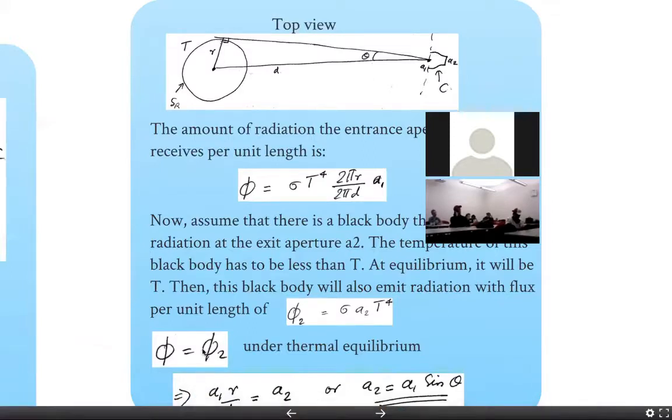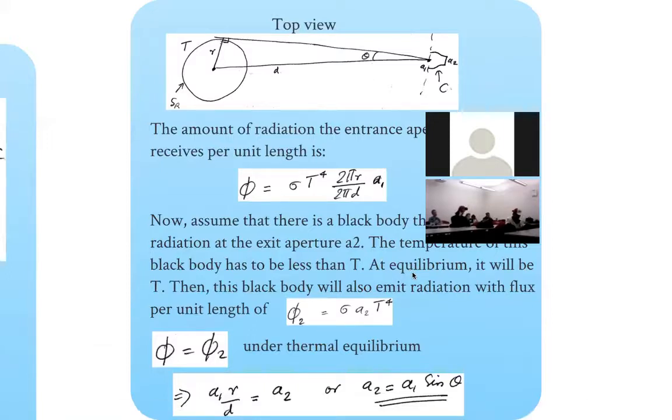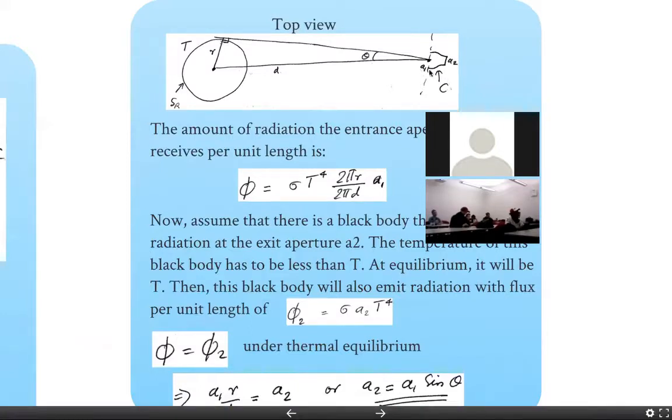Now, if you simply apply this equation, which means you take this and put it equal to this, you get a very interesting expression. You get A2 divided by A1, which is 1 over the concentration, is simply given by R over D, which if D is large enough, is the same as sine theta.